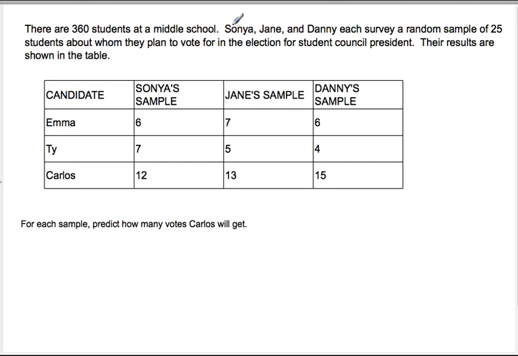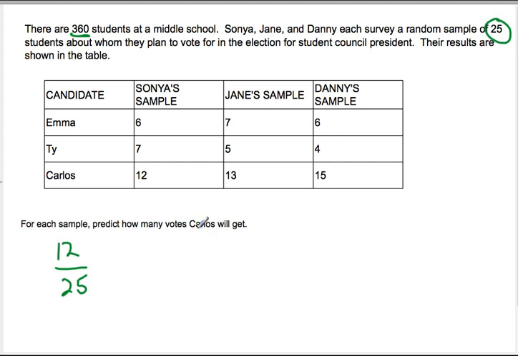Okay, so using this table, we want to make a prediction on how many votes Carlos will get, based on 360 total students. So if we look at Sonia's sample first, Carlos got 12 out of the 25 votes. Notice that each of these people surveyed 25 people, so it's always going to be out of 25.